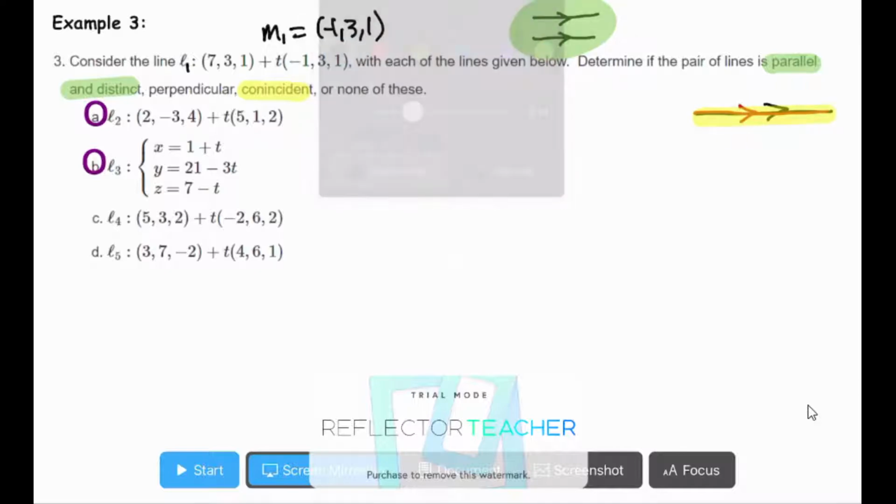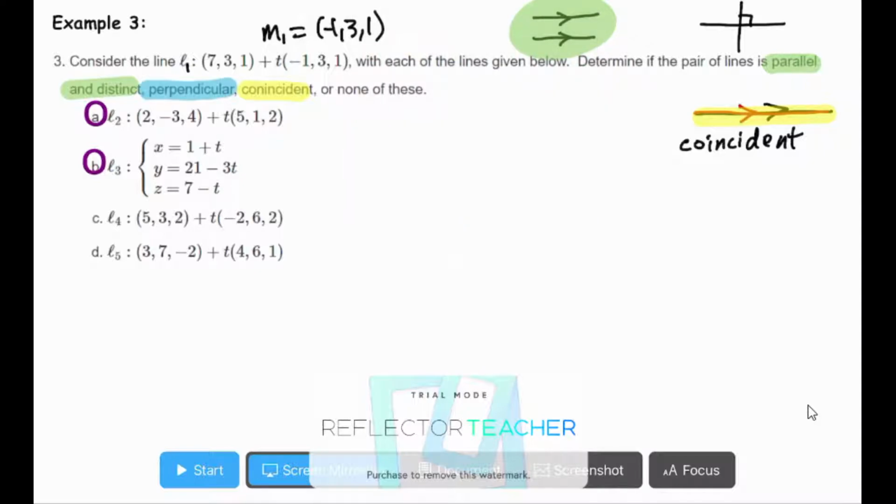Let's type that properly. Coincident. Do we know any words like that? Coincidence, things that happen at the same time. Coincident, being in the same location or being kind of the same thing. Other options were perpendicular. So we know that perpendicular lines meet at 90 degrees.